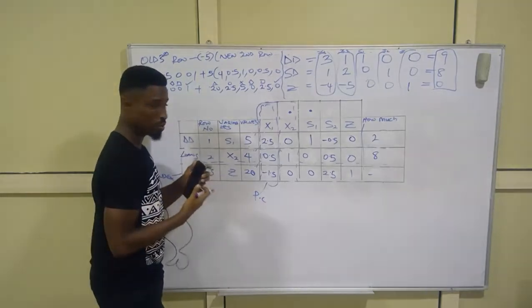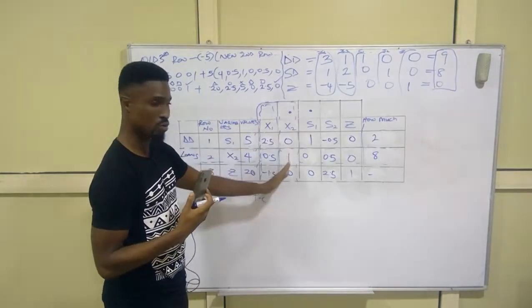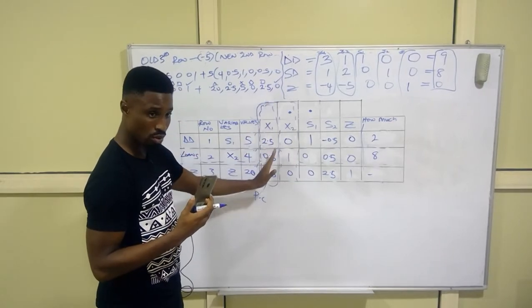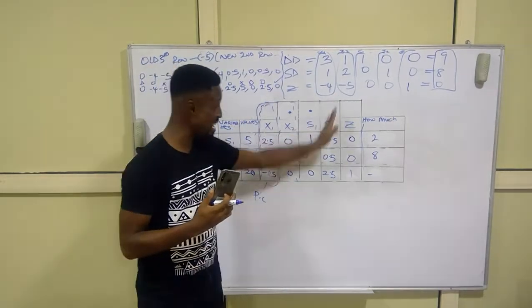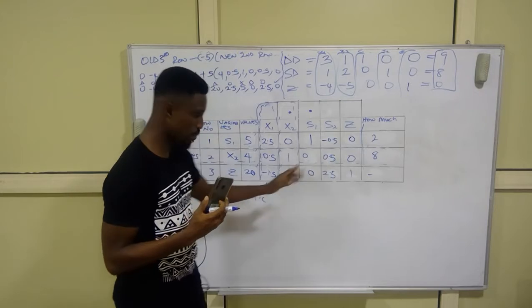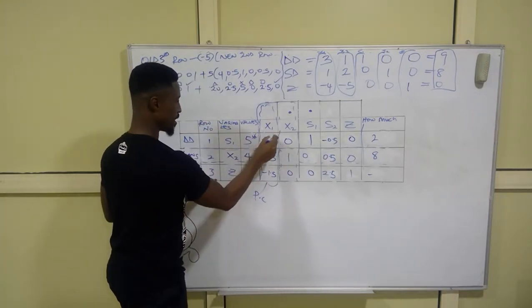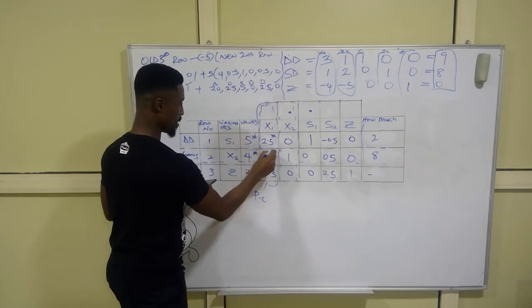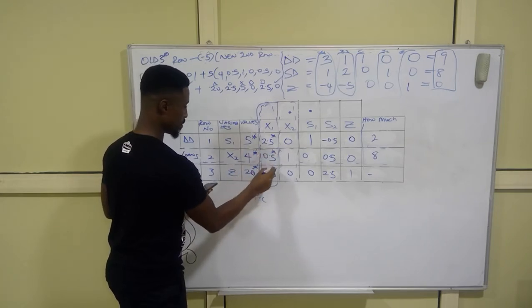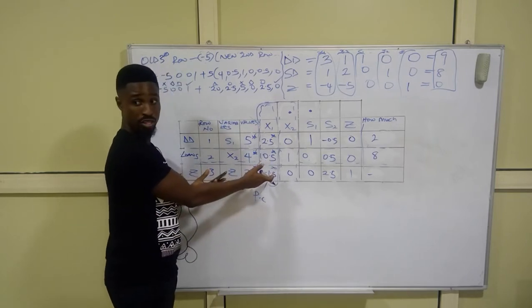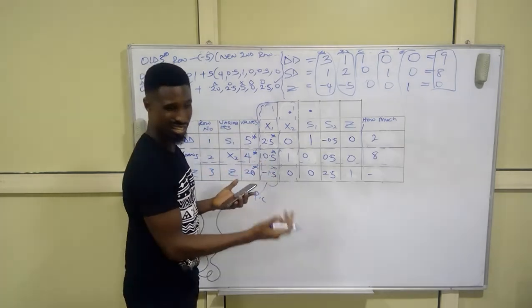In the first one, our pivot column was x2, so that's why we divided by the figures in x2. Since our pivot column is x1, we're dividing by x1. If the pivot column was s2, we divide by what is here. But this is always in negative territory, so there's no need, because this is where you got your negative figure from. So you're definitely going to get a 0 or a negative figure.